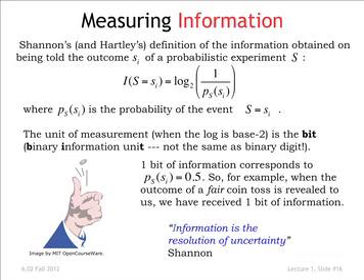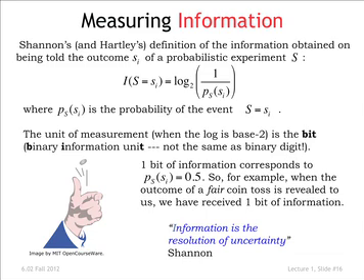Information is a very loaded word. But what you're trying to measure here is how probable is the thing that I am just seeing. Okay, if it's a highly improbable event, I gain a lot of information by being told that it's occurred. If it's a high probability event, I don't get much information by being told that it's occurred. Okay, so you want something that's dependent reciprocally on probability.